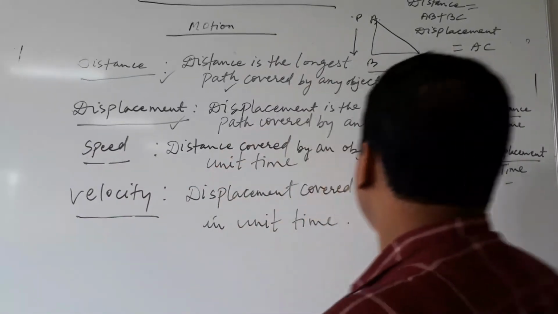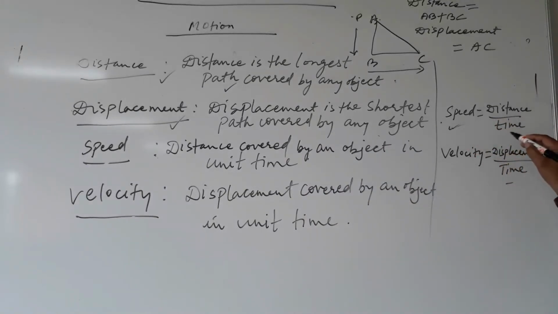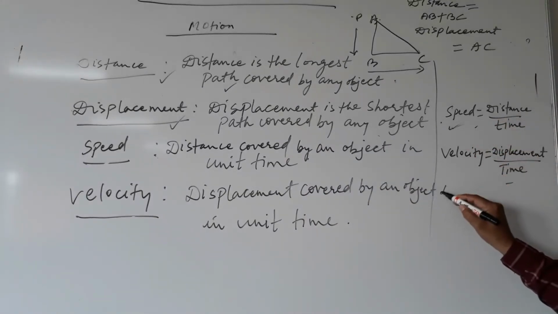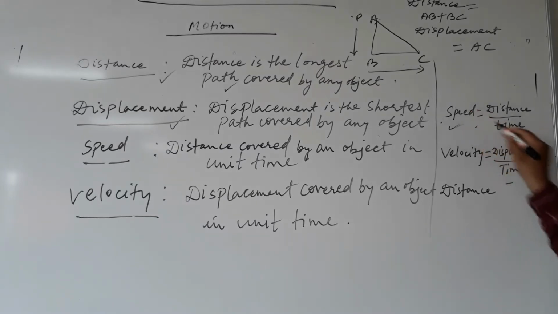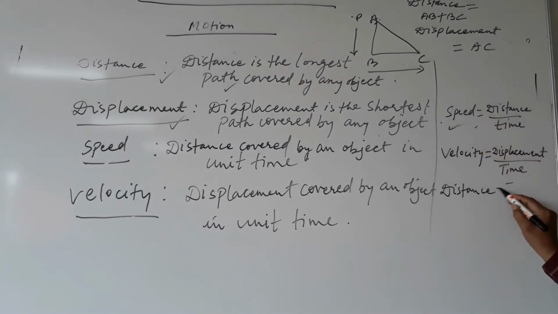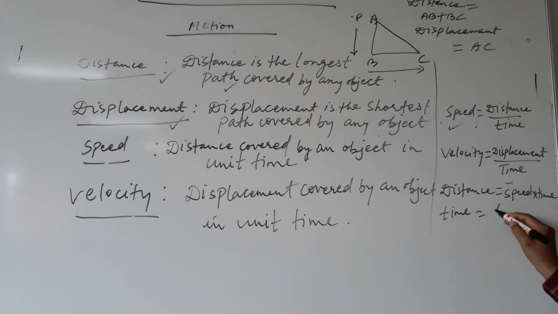So this formula is also important: the relation between speed, distance and time. Sometimes the teacher may ask you what distance is. Then cross multiply: distance is equal to speed into time. Time is equal to what? Distance by speed.